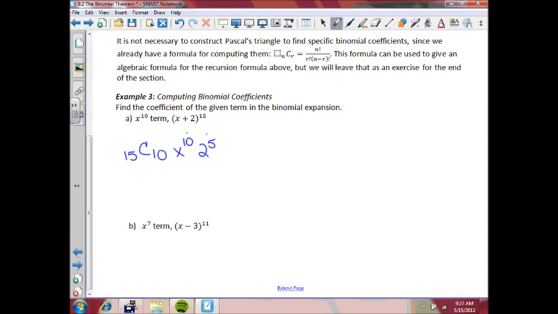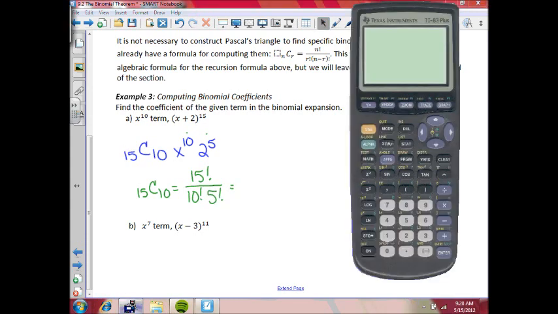Now, 15 choose 10 will really be 15 factorial over 10 factorial times 5 factorial. So in your calculator, 15 factorial divided by 10 factorial times 5 factorial. That will give us 3003.